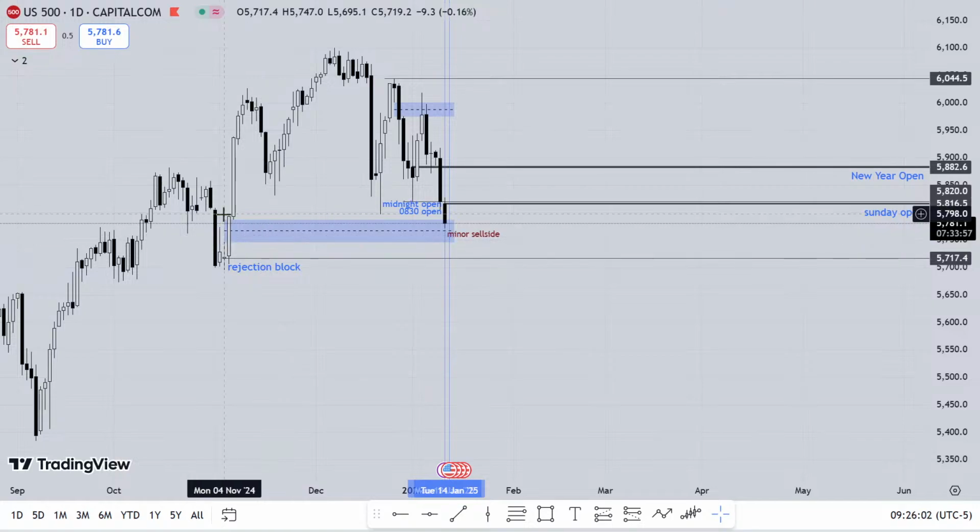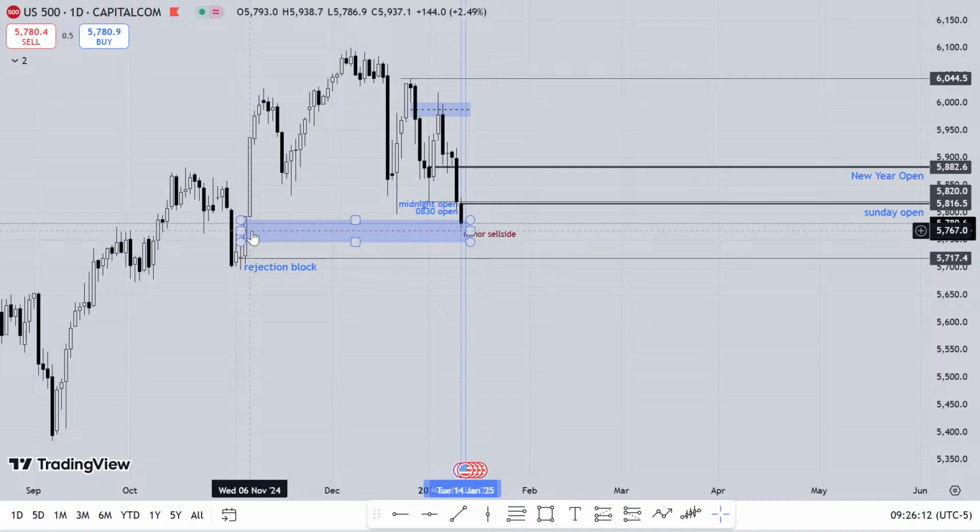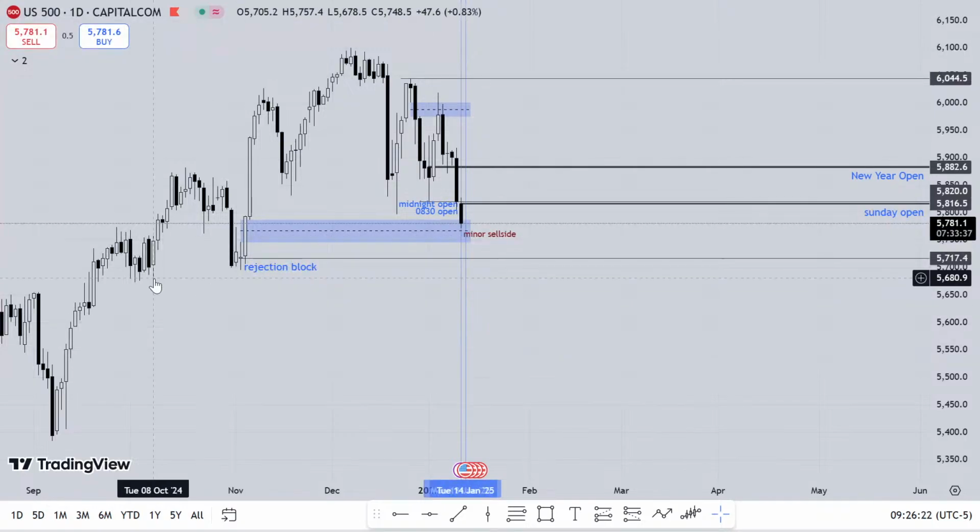So we want to see how price uses this BC going into this week. Now, if this BC fails to hold, we would want to see price use this as an inversion level to take price to these lows, these clean lows, which is this relative equal lows which you have here.